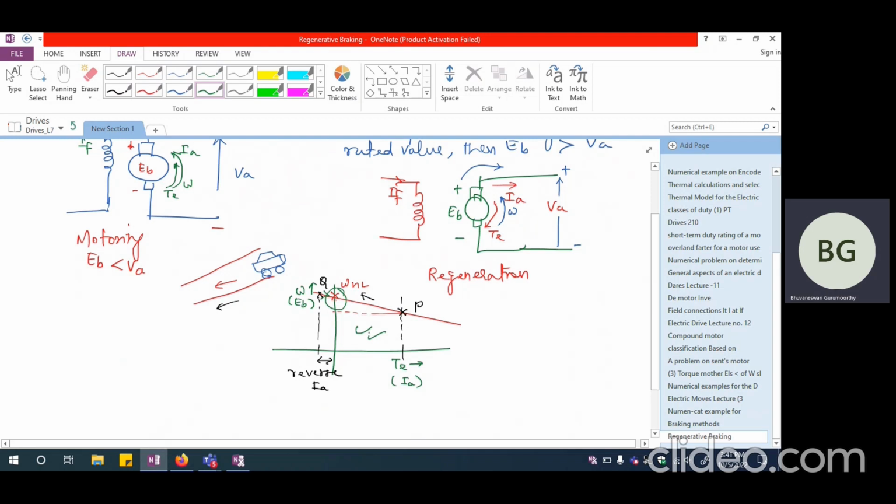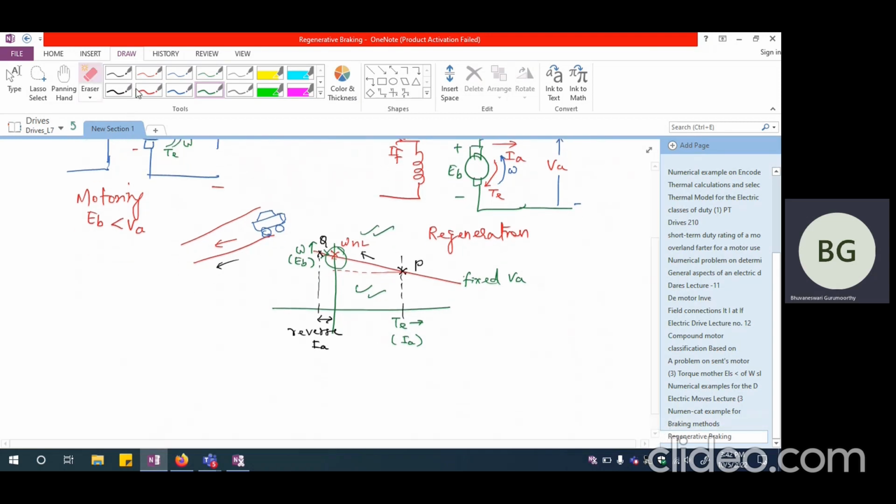So it's not braking anymore. So if I am doing it with the fixed value of VA, the armature voltage, I would be able to bring it down only until no load speed, because below no load speed, again the torque as well as armature current will become positive.